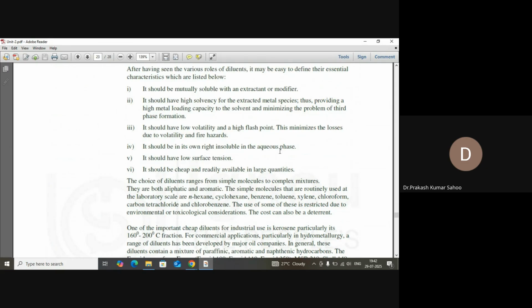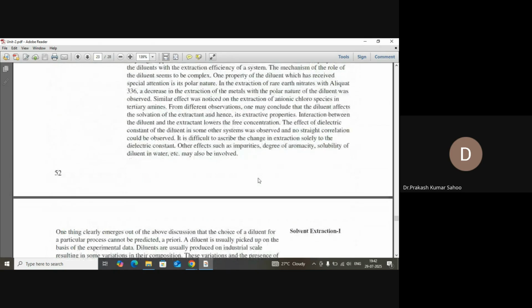It should also have low volatility and a high flash point. This is the characteristics of diluent. So what are the different physical and chemical properties a diluent should have to act as a suitable diluent for a particular solvent or a solute to be extracted.